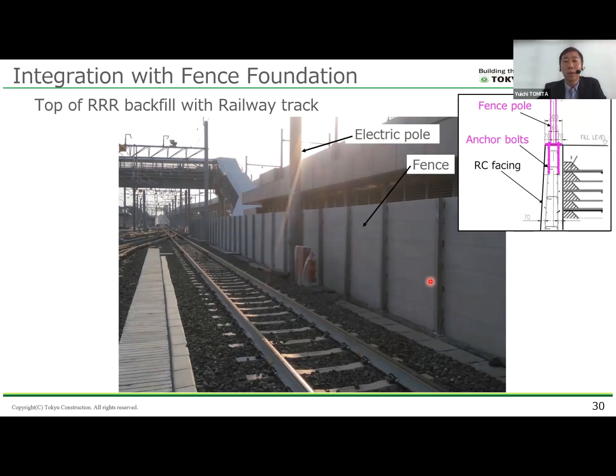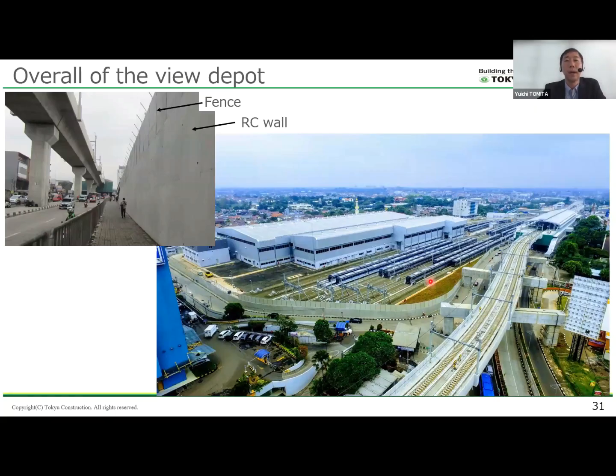Therefore, the client requirements for this project were fully met by applying the 3RGRS structures. This project was successfully completed and opened to operation on March 24, 2019. This photo shows an overall view of the finished depot, where the completed 3RGRS retaining wall may be seen.